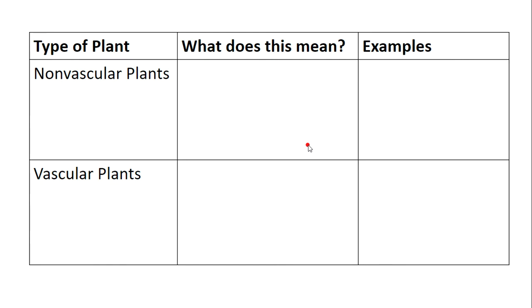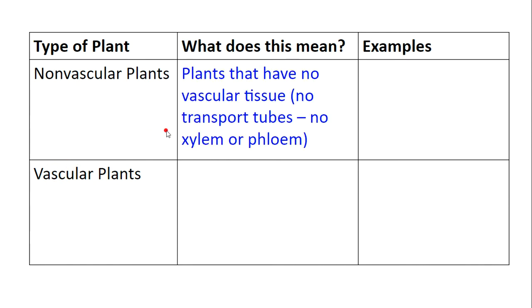So remember, there are two categories in which we can sort plants, non-vascular and vascular plants. Non-vascular plants are plants that have no vascular tissues, meaning they do not have xylem or phloem. Some examples of these types of plants are mosses.